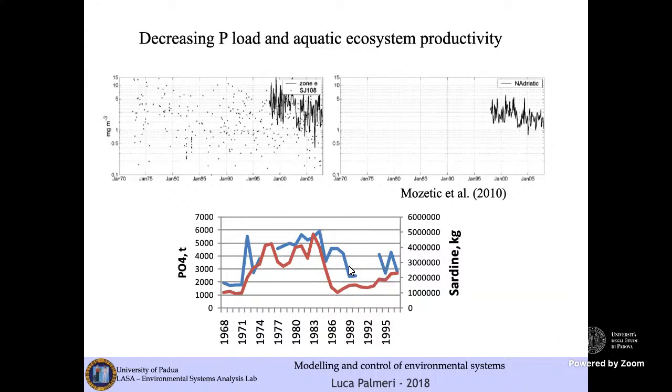And so we have a dramatic effect in the phosphorus load in the 80s, and then a stabilizing effect of the phosphorus load in the subsequent years. In terms of fishing effort, we have quite a stable effect after 86.